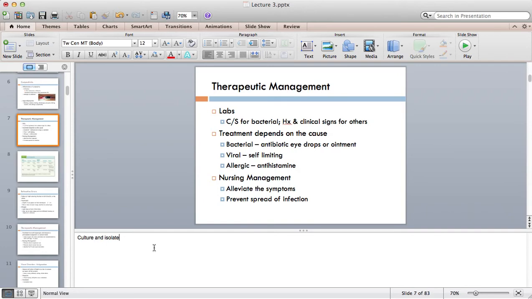If it is from an allergic reaction, they can put antihistamine drops to take care of that. So in other words, what you are trying to do is to relieve the symptoms, and also in the case of bacterial infection, to prevent spread of that infection.